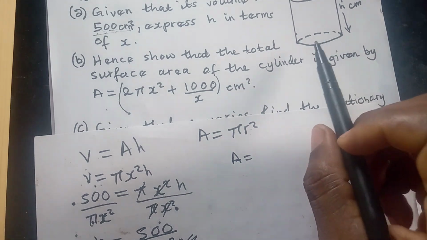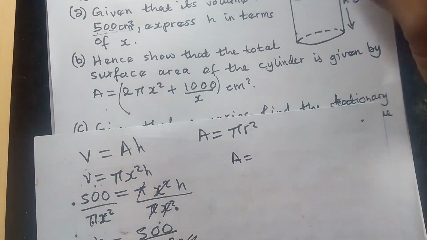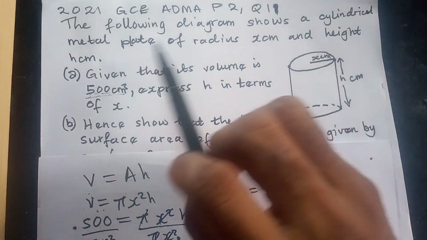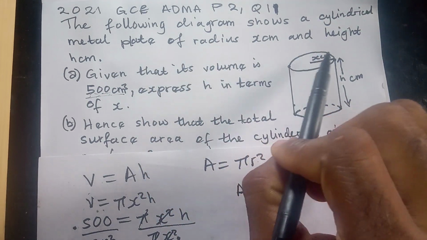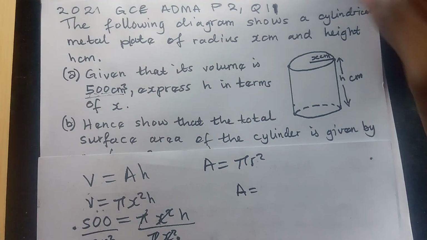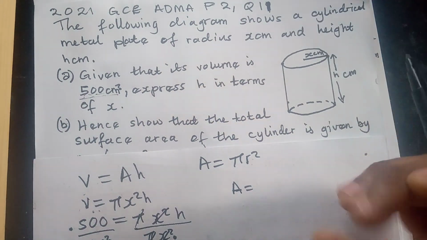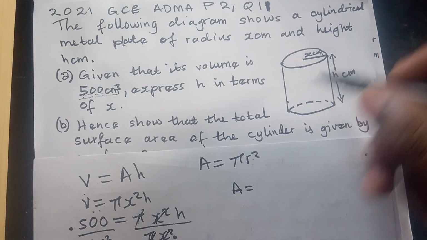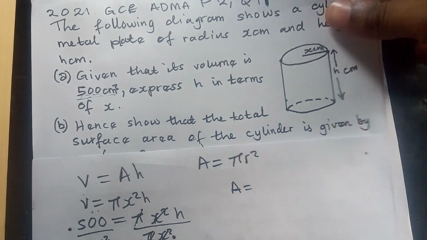So the total surface area of this closed cylinder, let me just check again, is the diagram shows a cylindrical metal plate of radius. Yeah, it's closed because this is a metallic thing. It's not like an actual cylinder. It's just solid. We don't have any space inside, so it's definitely closed.